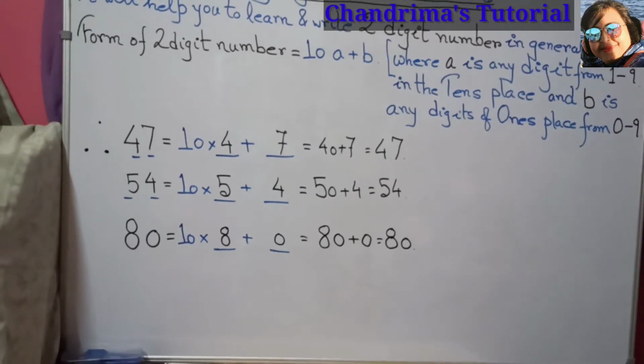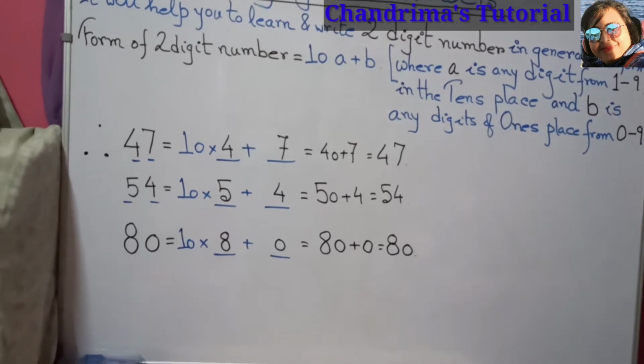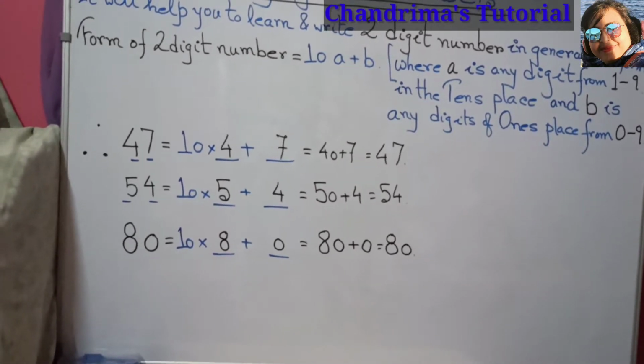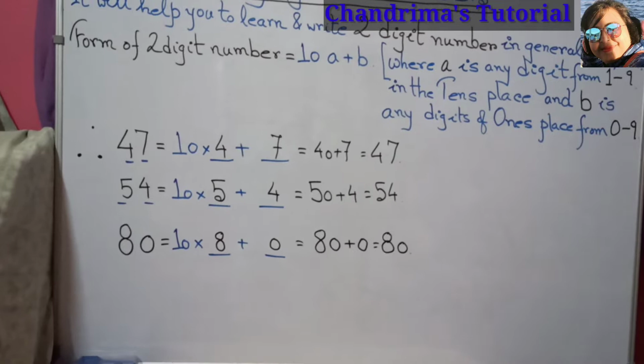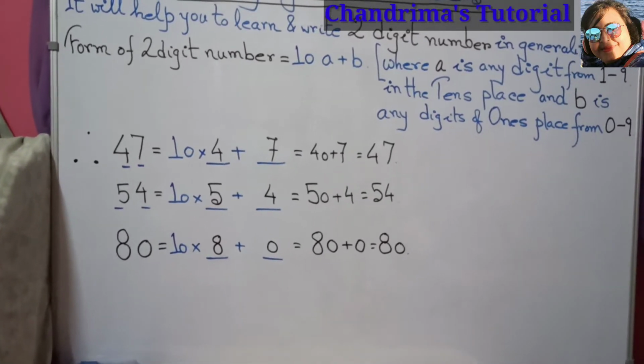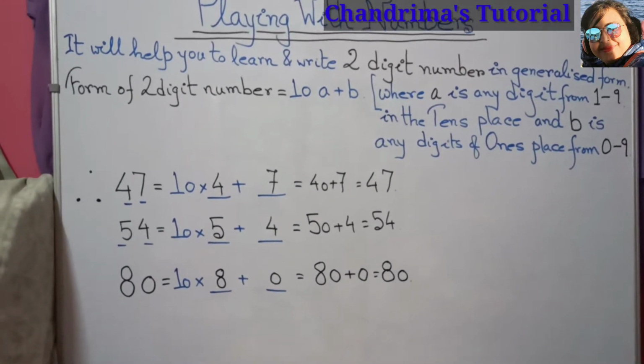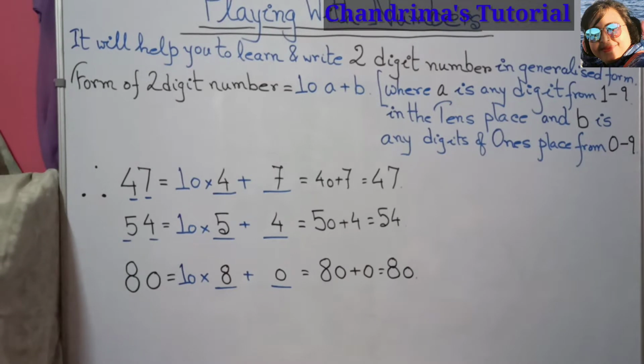So 10a here is 10 into 4, and what is our b? 7. So 10 into 4, that means 40, plus 7, it becomes 47. Is it okay?